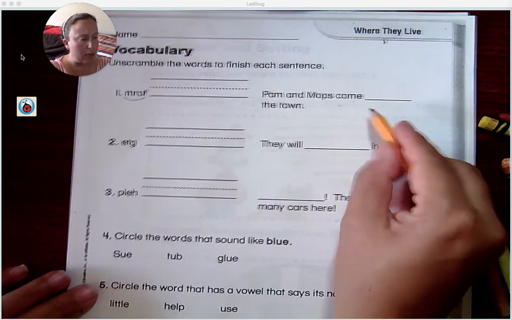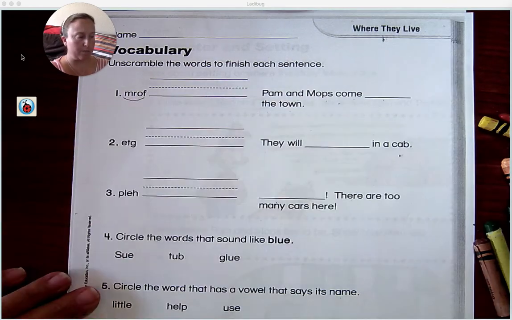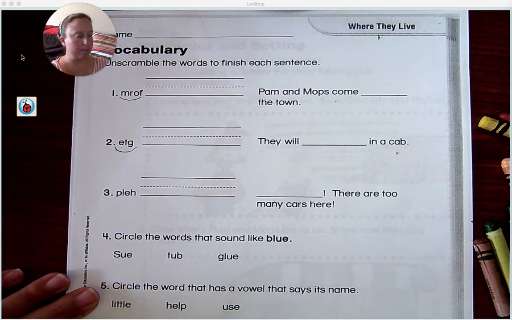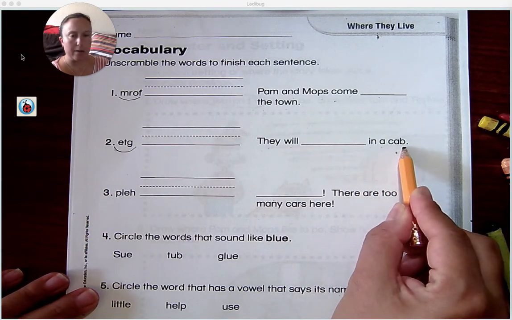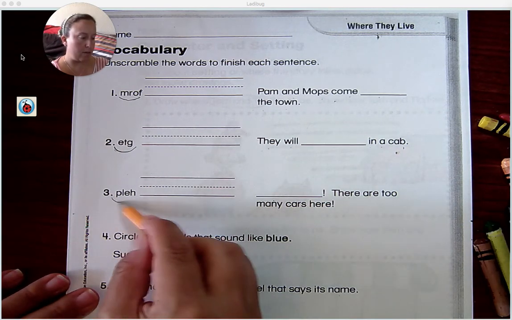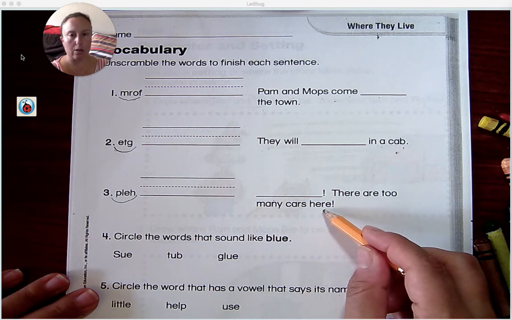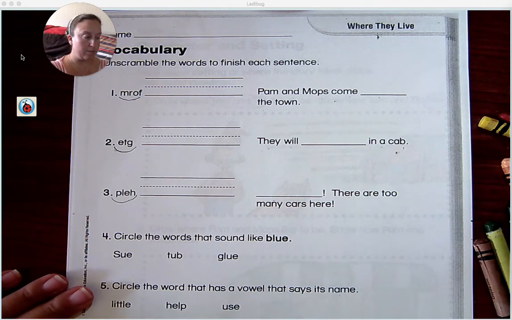So you need to decide what word fits here. That is this word, unscrambled. Now look at this word, all scrambled up. They will blank in a cab. What will they do in the cab? Okay, scramble. There are too many cars here. I'll give you a hint. This is something that Tom would have said.